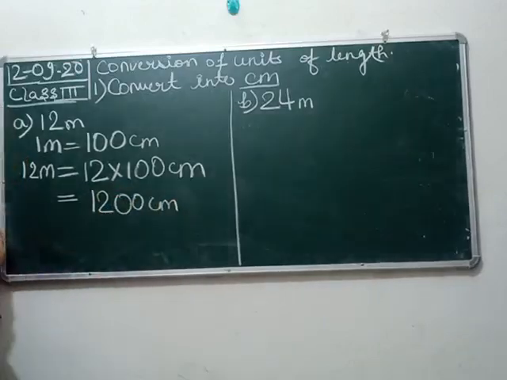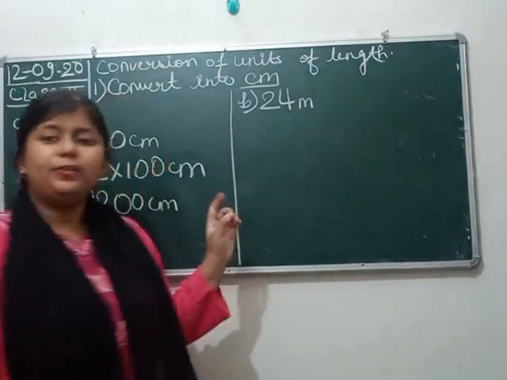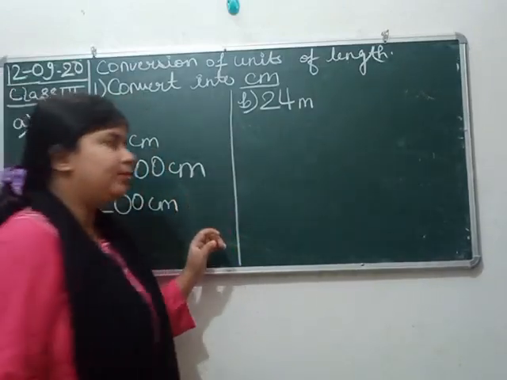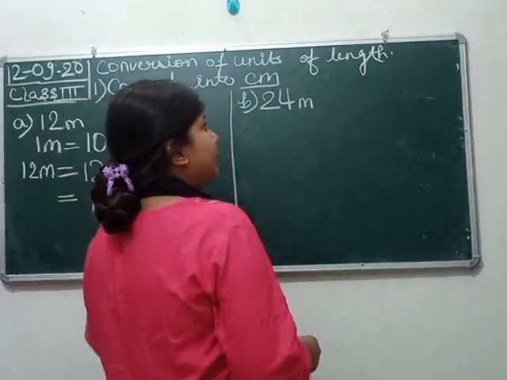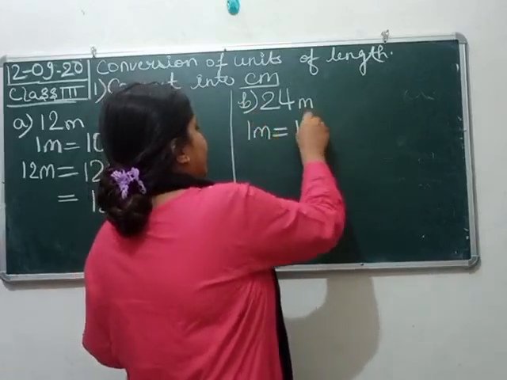Now next question is 24 meter. Again the first line will remain the same, that is 1 meter equals 100 centimeter.